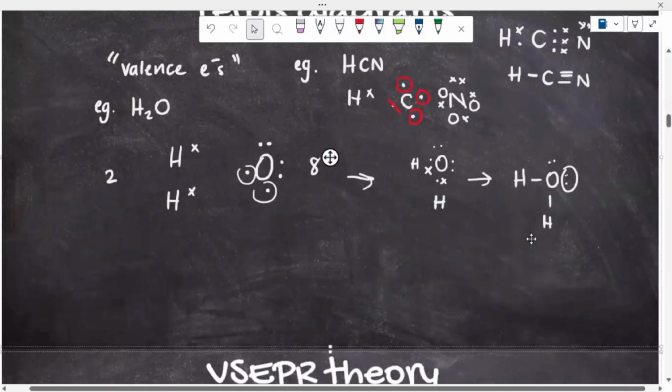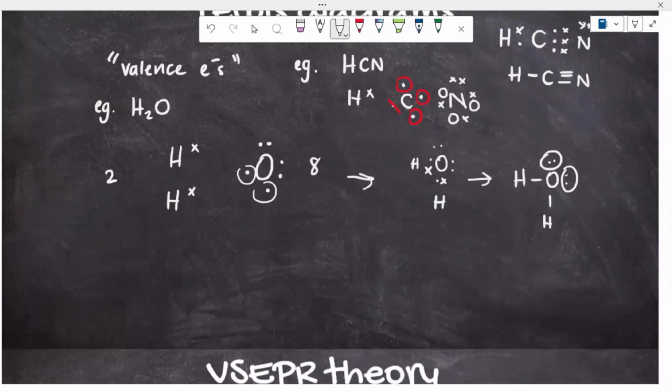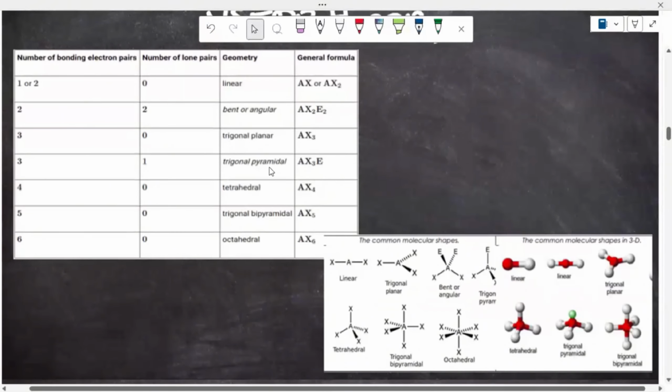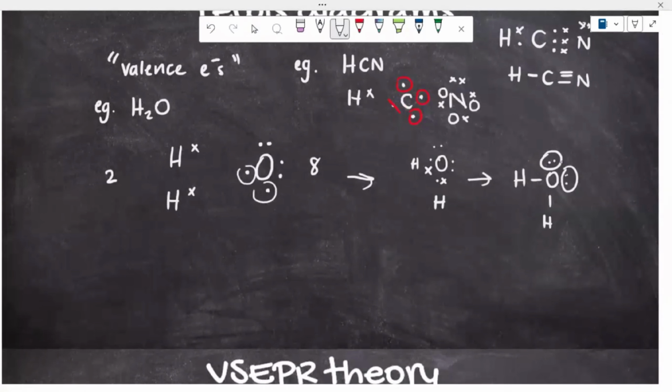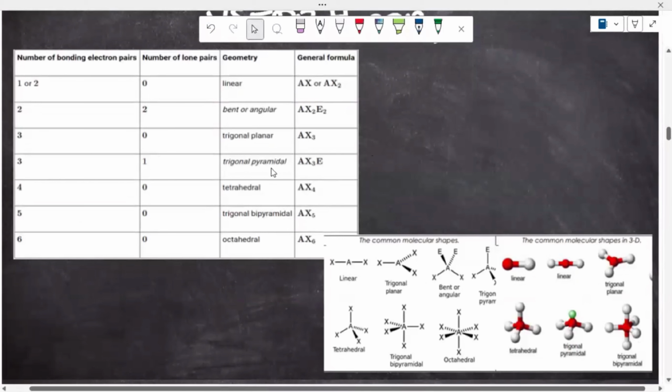So that's the reason why you get that bent shape for certain things, because the lone pairs, sorry, that word escaped me. The lone pairs will actually change the shape of your molecule because they will exert forces on the other atoms that are present, right?